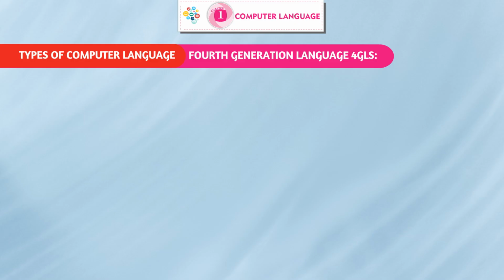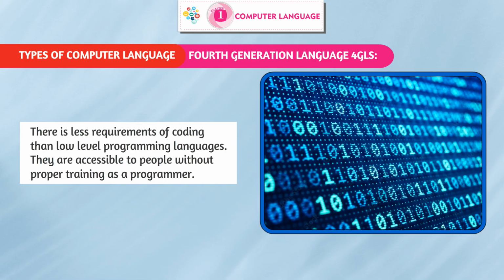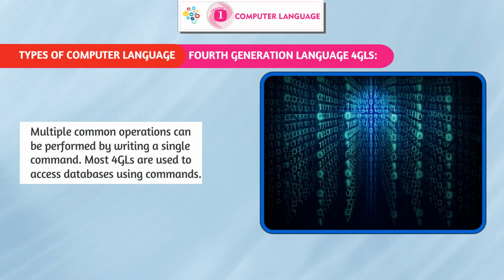Fourth-generation language, 4GLs. A fourth-generation language is a non-procedural language which is designed to build specific programs. There are fewer requirements of coding than low-level programming languages. They are accessible to people without proper training as a programmer. Multiple common operations can be performed by writing a single command.